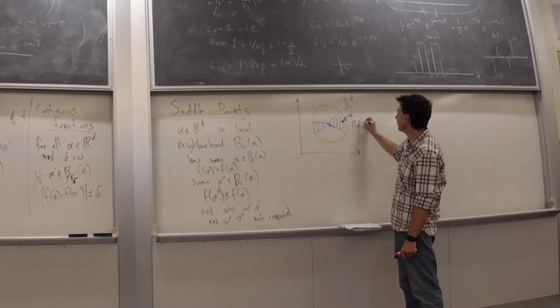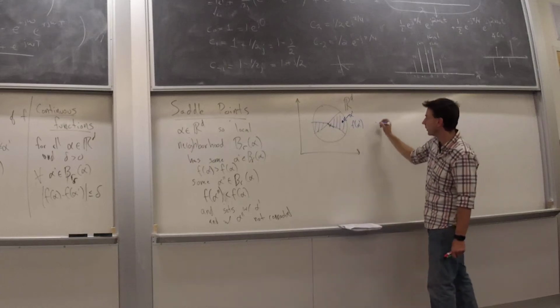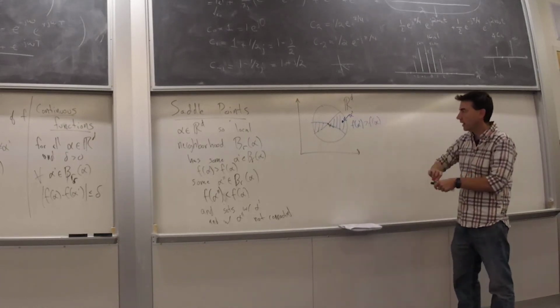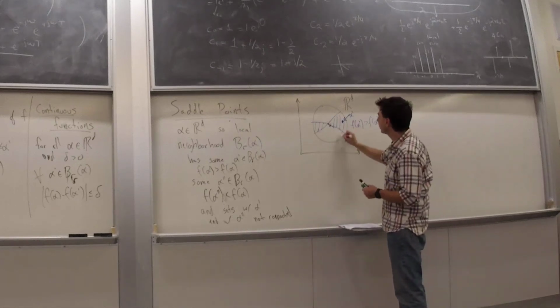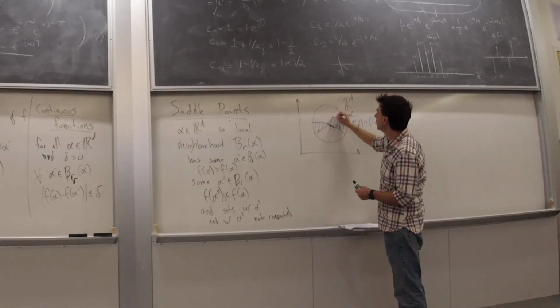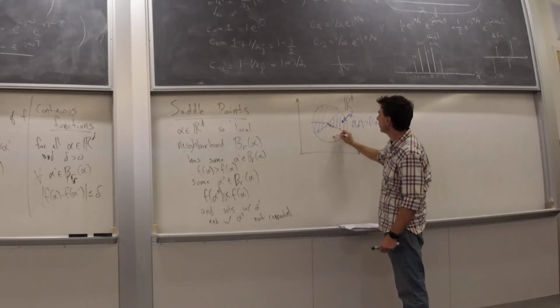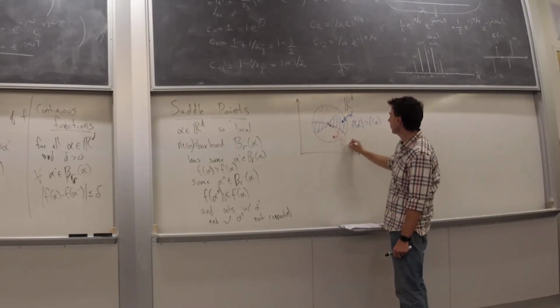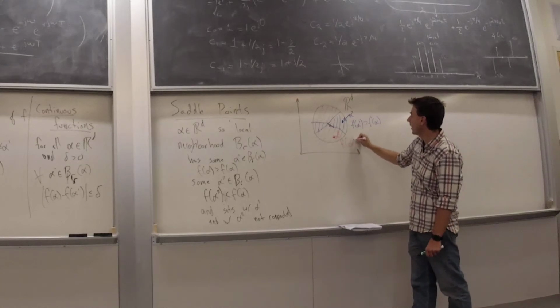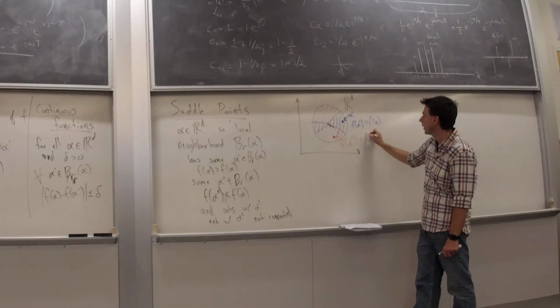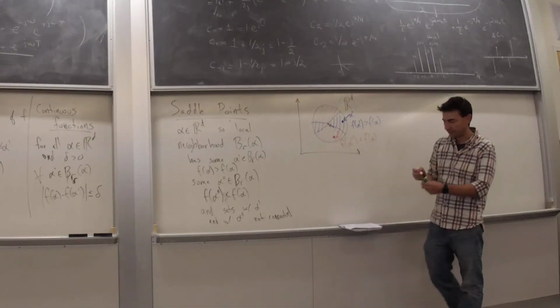So f of alpha prime is going to be greater than f of alpha. And then all the other points here would be alpha double prime, where f of alpha double prime is going to be less than f of alpha.